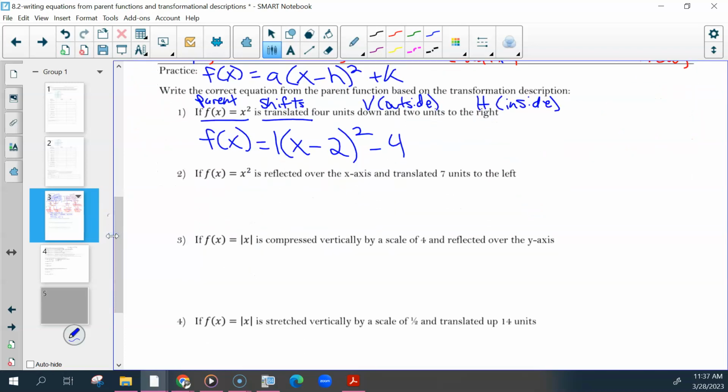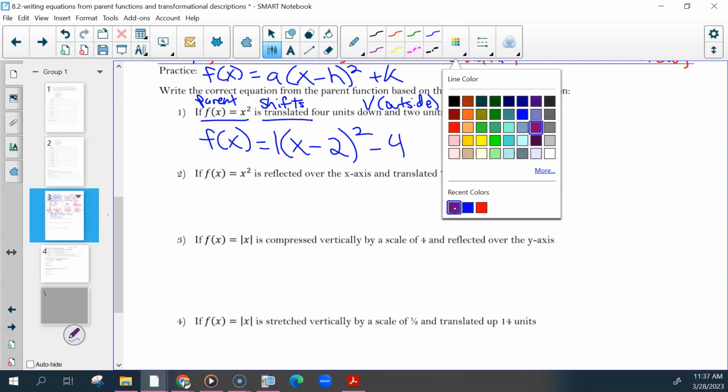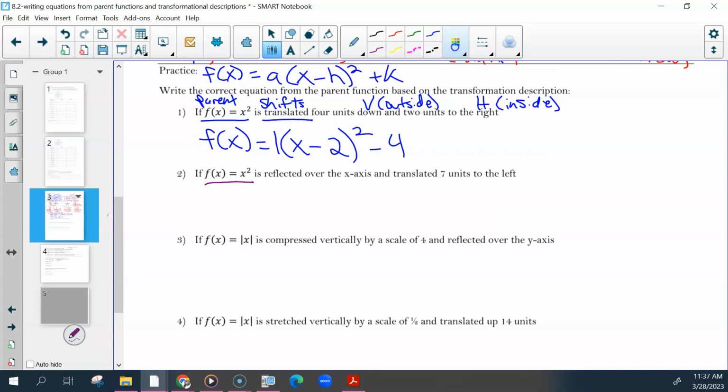So then in the next one, I again see that this is our parent function. What transformation words do you see? Reflection, compression, translation, shift.